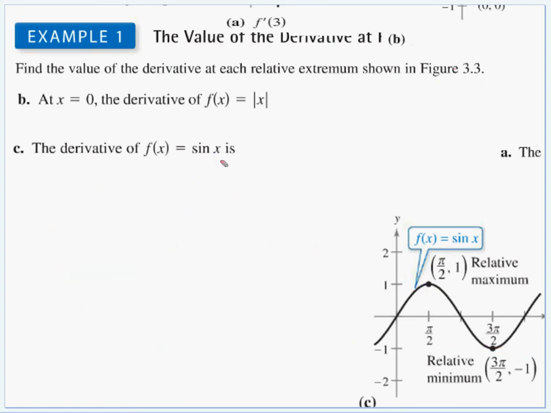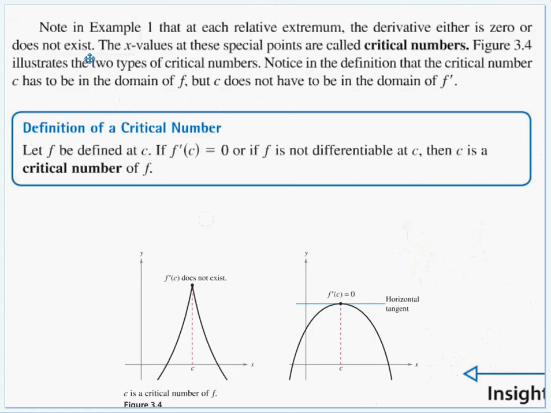Note in that last example that at each relative extremum, the derivative was 0 or it did not exist. The x values at these special points are called critical numbers. I think in pre-calc we might have called them key numbers when we were solving inequalities, but here they are critical numbers. So find where your derivative is 0 or non-existent. Figure 3.4 down here illustrates two types of critical numbers.